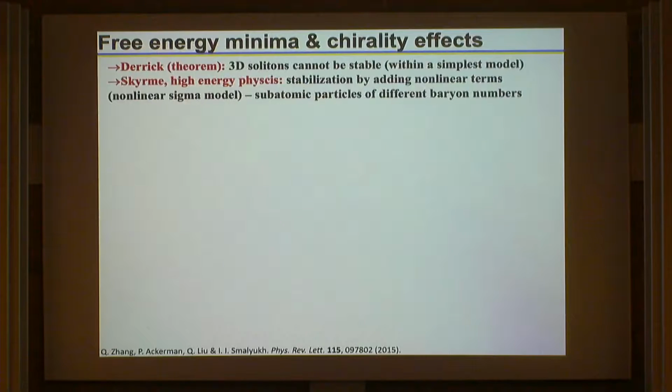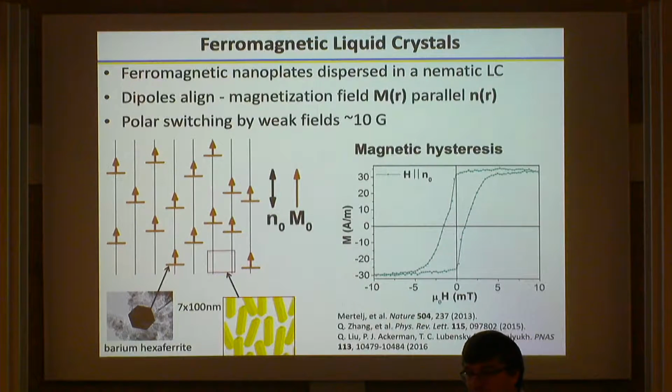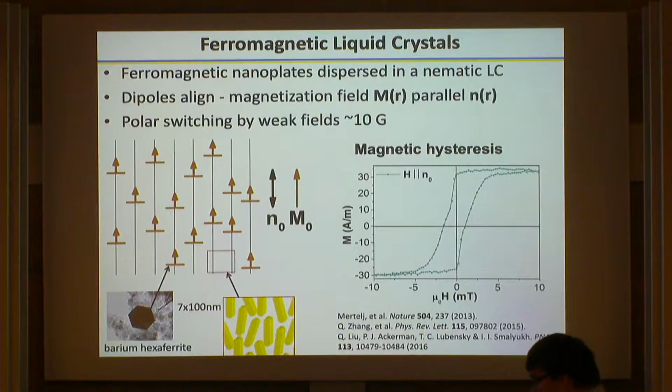And now you could ask, why is it that in a system like this, we would have these types of localized solitonic field configurations that would be different topologically from this kind of uniform background state, and why would they have a reason to exist, right?